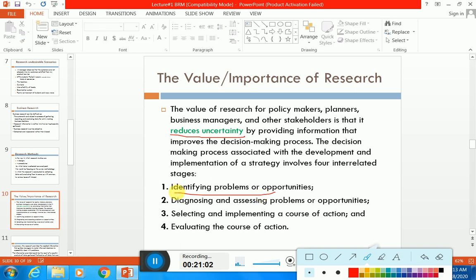Simply stated, this step is known as the SWOT analysis step, where managers identify strengths, weaknesses, opportunities and threats. Once they are familiar with the SWOT, they move to diagnosing and assessing problems or opportunities.